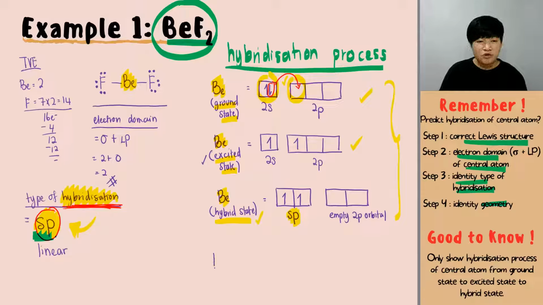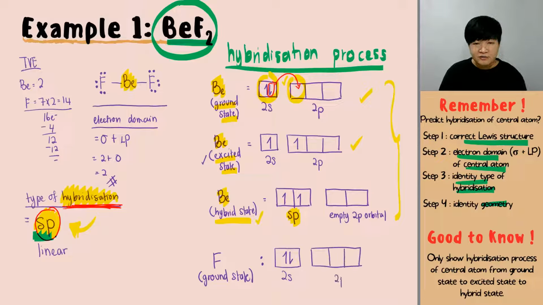Right now, we need to draw for your terminal atom, which is fluorine. But for the fluorine, you only need to draw the ground state. In other words, you only need to draw the valence electron of fluorine in orbital diagram, which is something like this. You should know by now the valence electron of fluorine is located in 2s2 and also 2p5. So your 2p5 goes according to Hund's rule, singly first, and then pair up according to the Pauli exclusion principle.